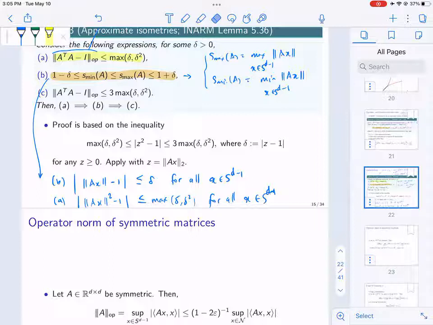I can't see myself. Can anyone see the argument here? Delta is the absolute value of z minus 1.